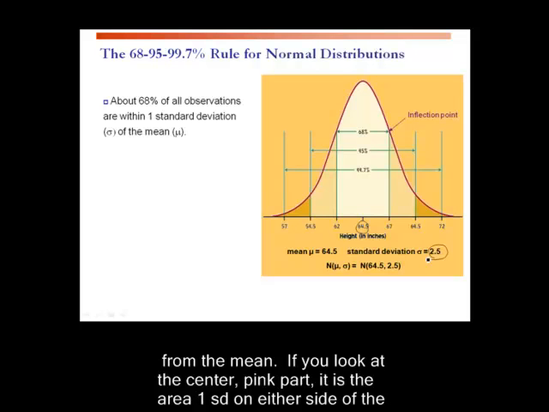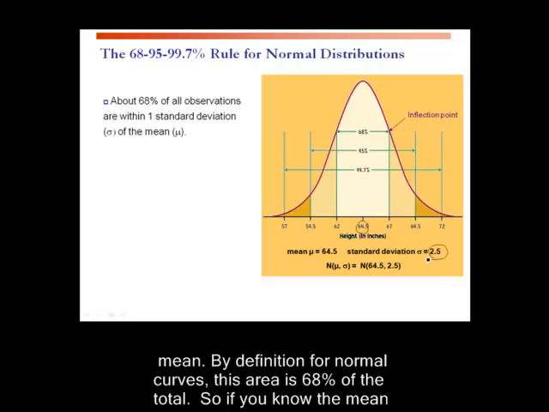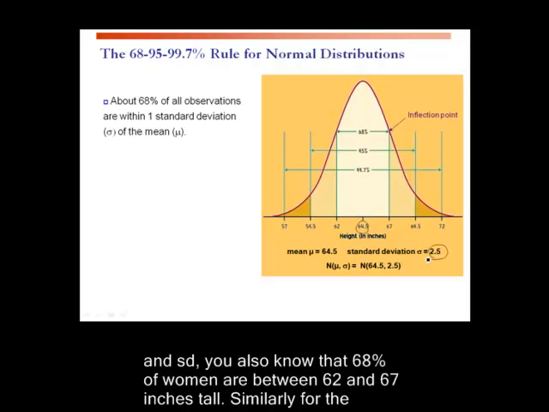A really small amount, very rare. That's why if you got a score more than 3 standard deviations from the mean, we hope it's in the positive direction, like a salary, or a score 3 standard deviations above the average. In a normal distribution, only 0.3% of the people have that score.